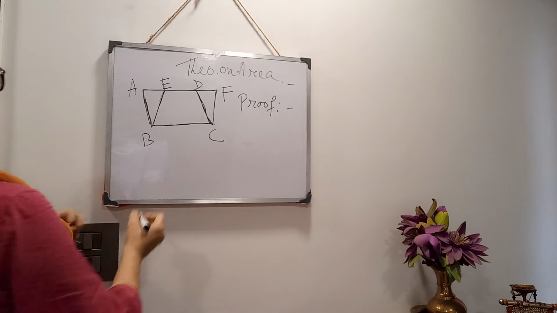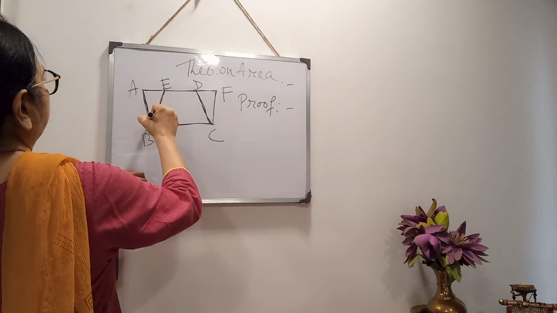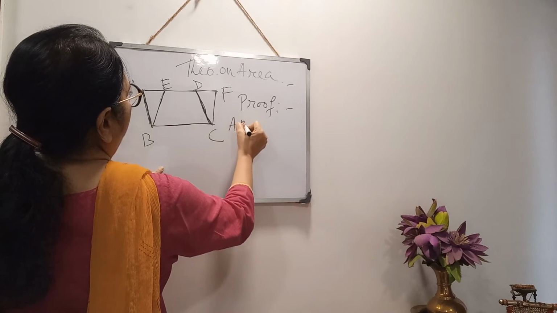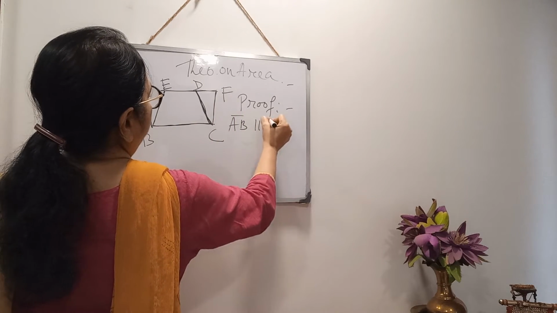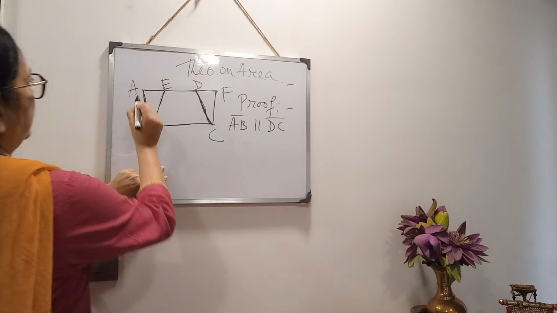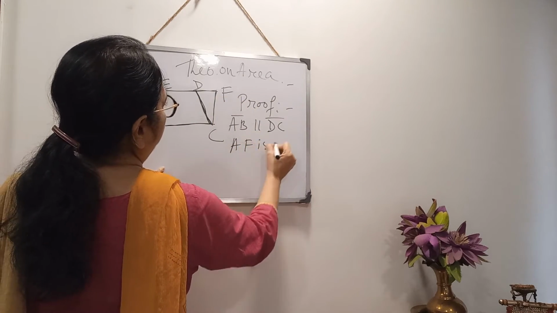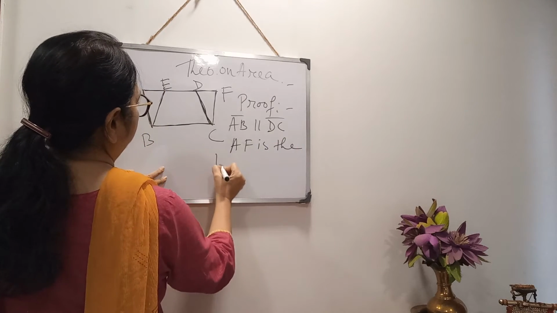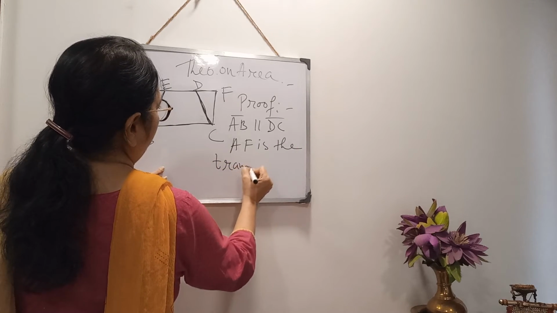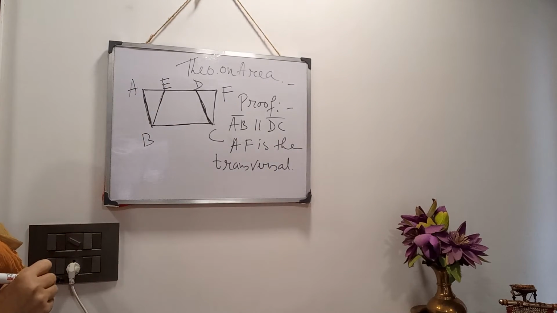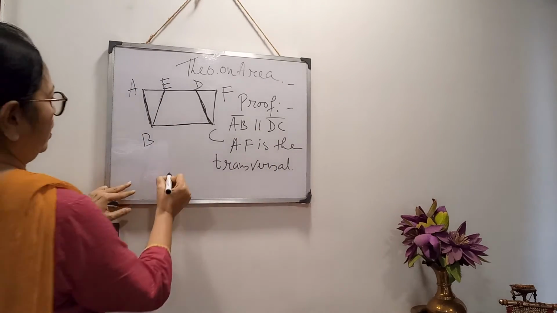Now you see, AB is parallel to DC, and AF is the transversal. So from there, what can we write?